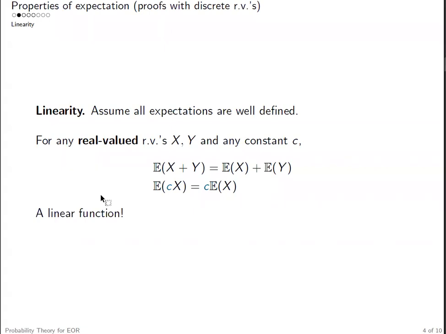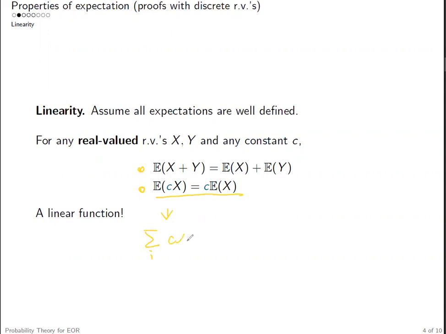In the following, we're going to focus on the proof of the first identity here, because the second one, if we consider discrete random variables, you can easily verify by the definition, right?